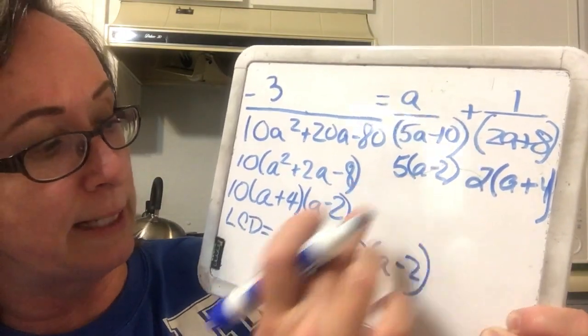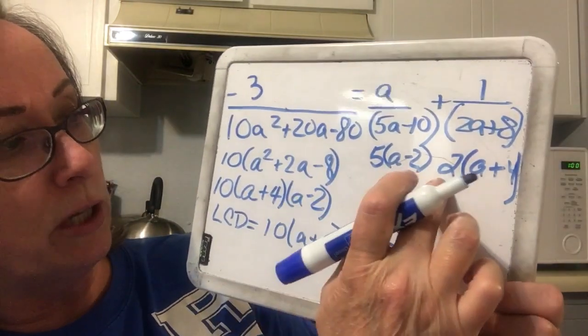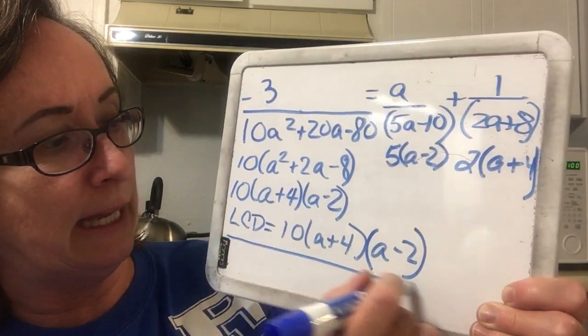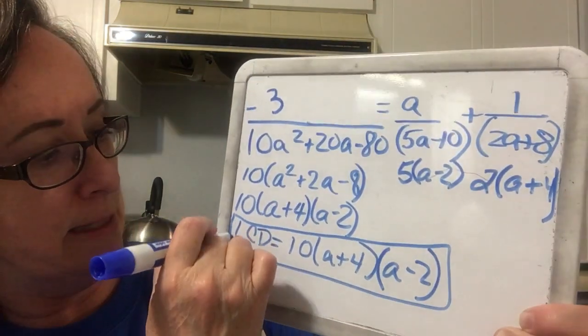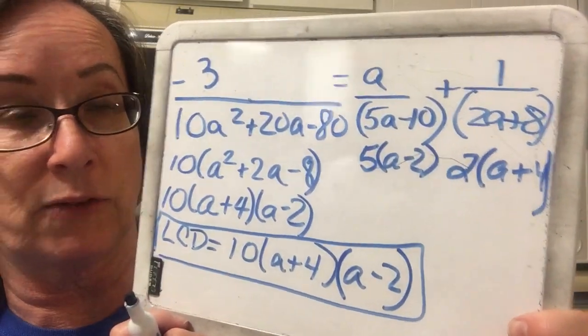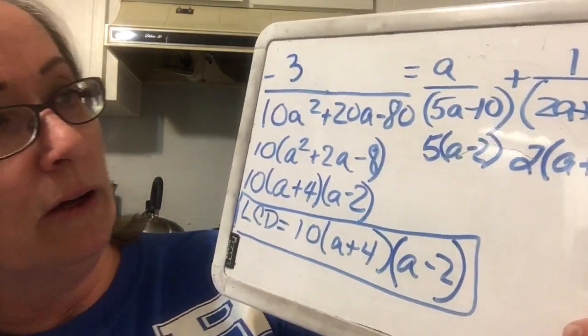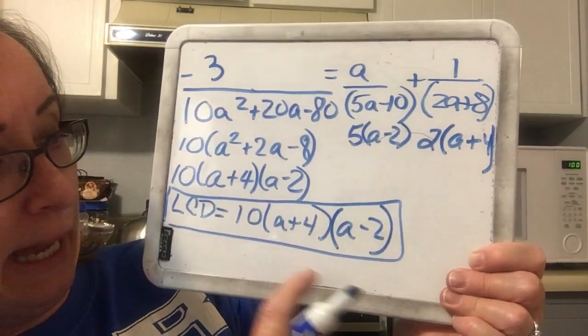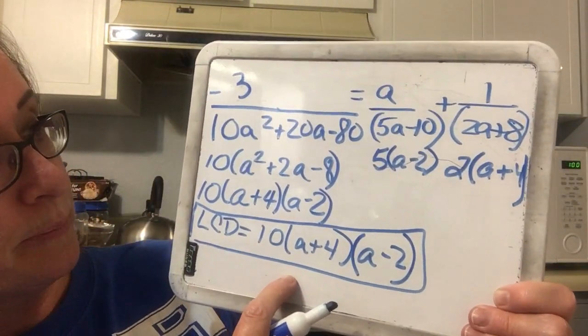Okay, so this one is included, and then the 2 is also in the 10, and the a plus 4. So my LCD is this one denominator on the left. So that makes things very nice. Now, I'm going to multiply the whole thing through by this LCD.